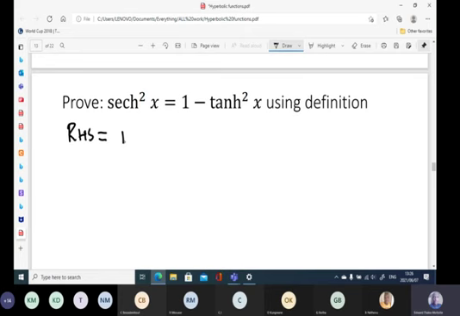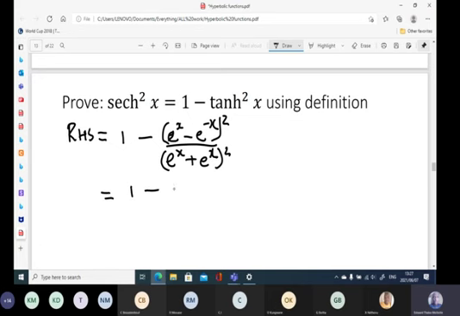For the RHS, we have 1 minus e to the power x minus e to the power minus x over e to the power x plus e to the power minus x. We have just proven that on the previous page. And we square this. Let me do it step by step.